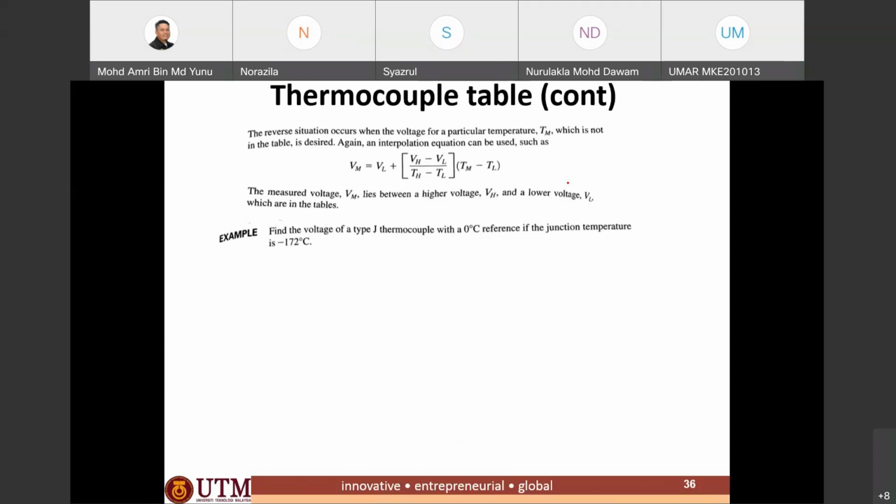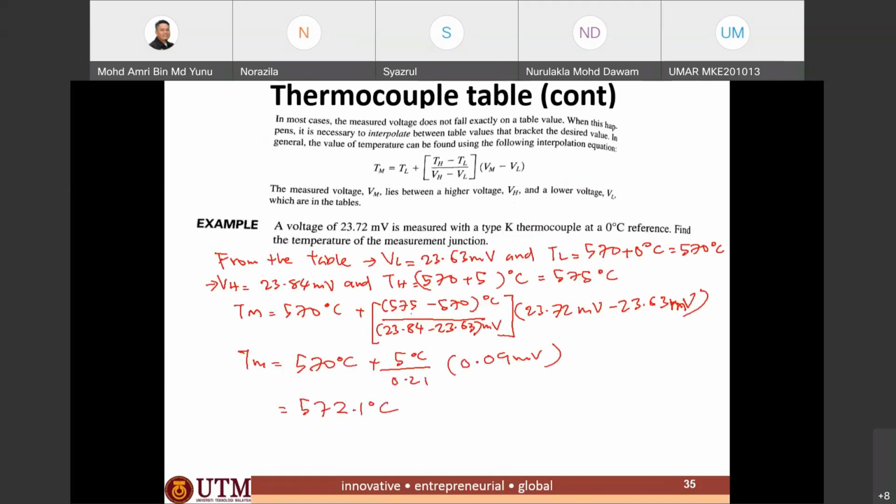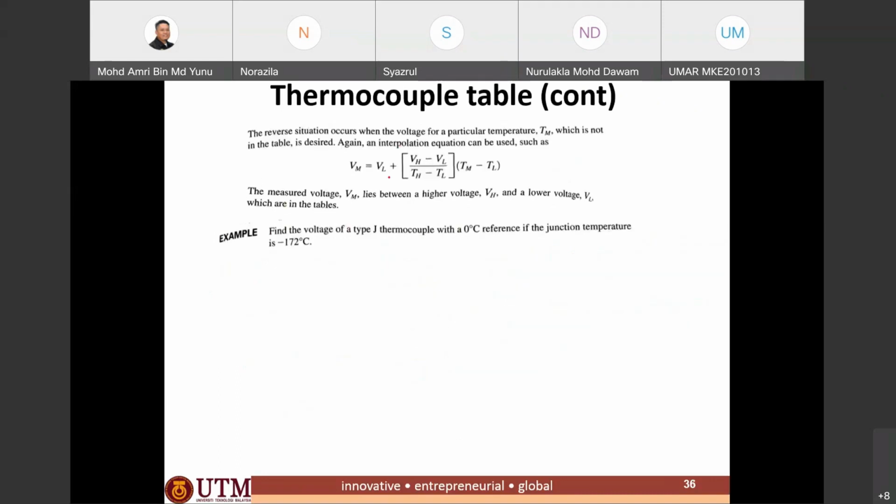Again, you can rearrange the formula here, then you get this formula. So the voltage measured lies between the higher voltage VH and lower voltage VL, which are on the table. Okay, so let's look at this example.